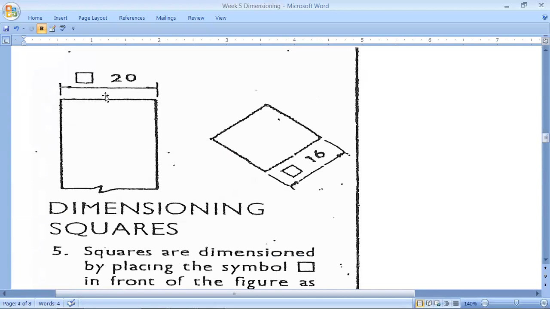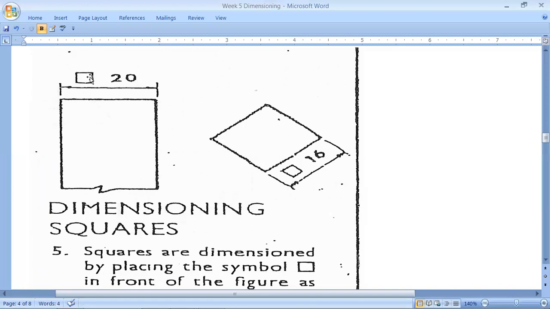This is an exemption, where you are dimensioning some square object. In order to avoid confusion with some flat object, it is recommended to put a square symbol in front of the value or the text value. This square represents that when you look at the end view of this object, what you see is a square shape.